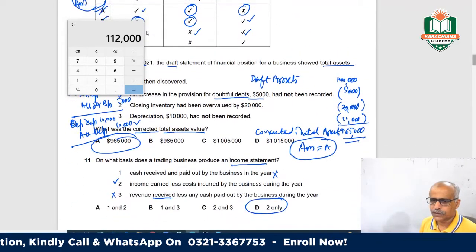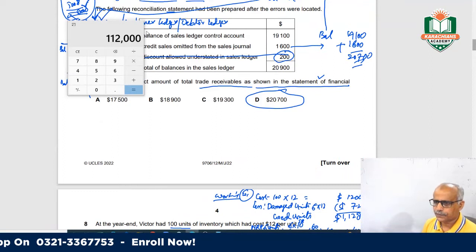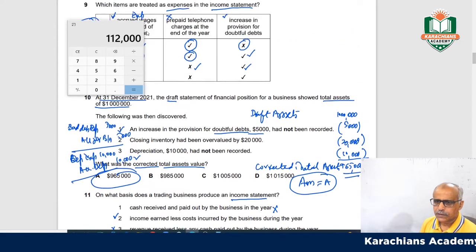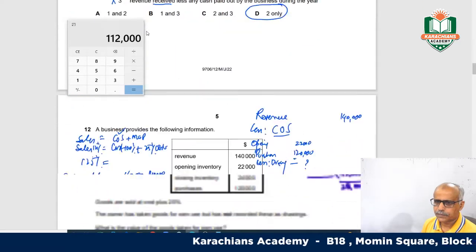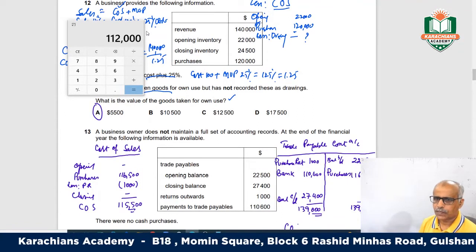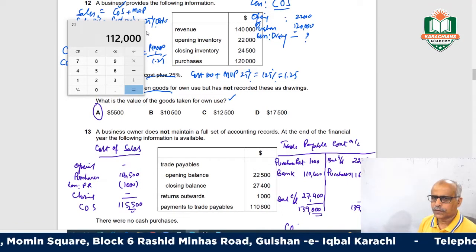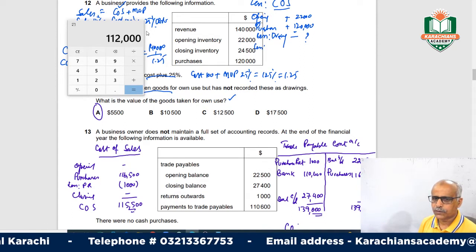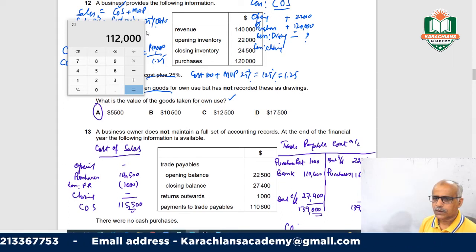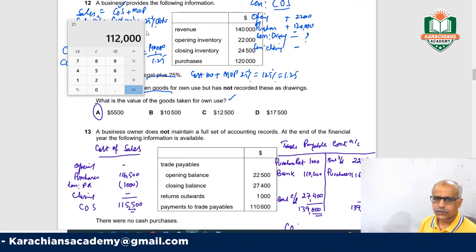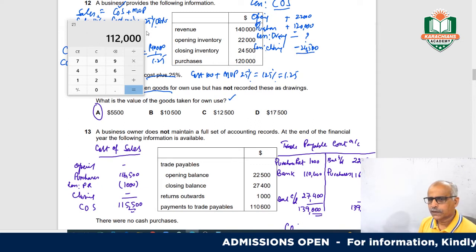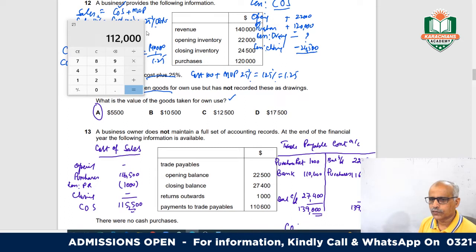There is some problem with this. Okay. You have to plus this and minus drawing, and then you less closing stock. That will also be deducted. Closing stock is 24,500. Then your cost of sales will come.